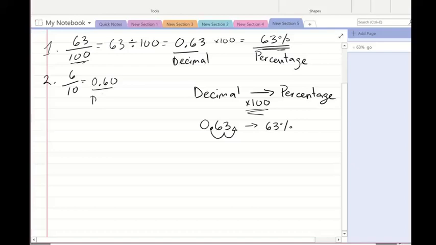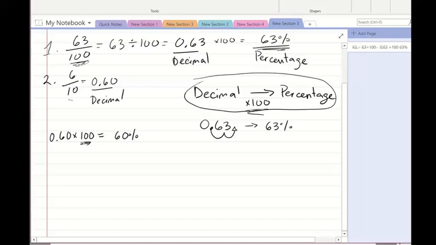This is your decimal, and I want to convert that to a percentage. Now the rule is times 100, so 0.60 times 100 gives us 60%. You see how this times 100 has nothing to do with this denominator. It was just a coincidence that this was also 100. This is a basic rule. It has nothing to do with the denominator. So this turns into 60%.